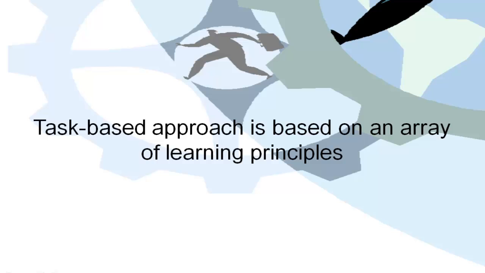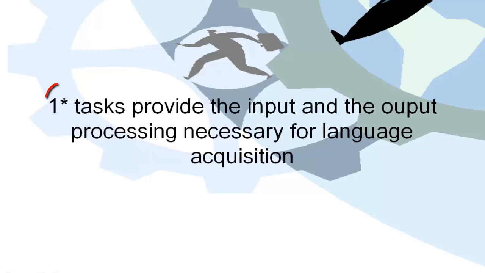The task-based approach depends on an array of learning principles. First, tasks provide the input and output processing necessary for language acquisition. This simply means that when students are engaged in a particular task, they have the potential as well as the opportunity to produce the language.